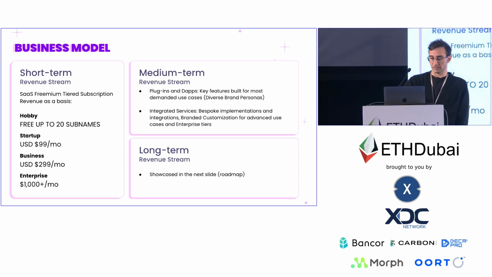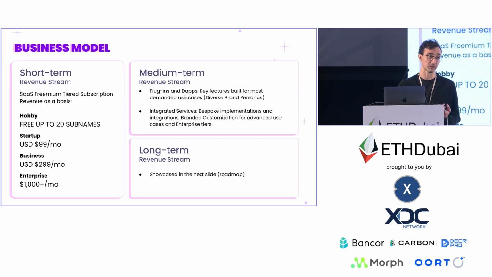In terms of enterprise, we're offering more customized access for brands to be able to build, for example, token-gated access for their users. Medium term, use cases for deploying names for your users are very different depending on the brand persona.